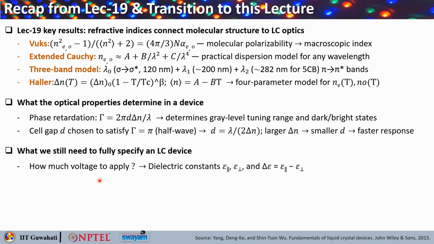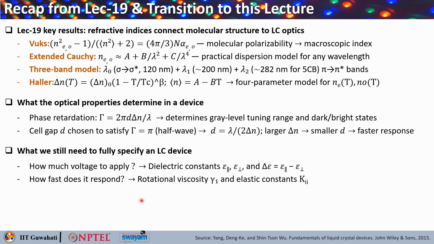So, what do we still need to fully specify a liquid crystal device? Another parameter is how much voltage to apply. For dielectric constants, we have seen that there is one along the parallel and one along the perpendicular direction, named epsilon parallel and epsilon perpendicular, and their difference is the delta epsilon. Now, how fast it responds also matters.